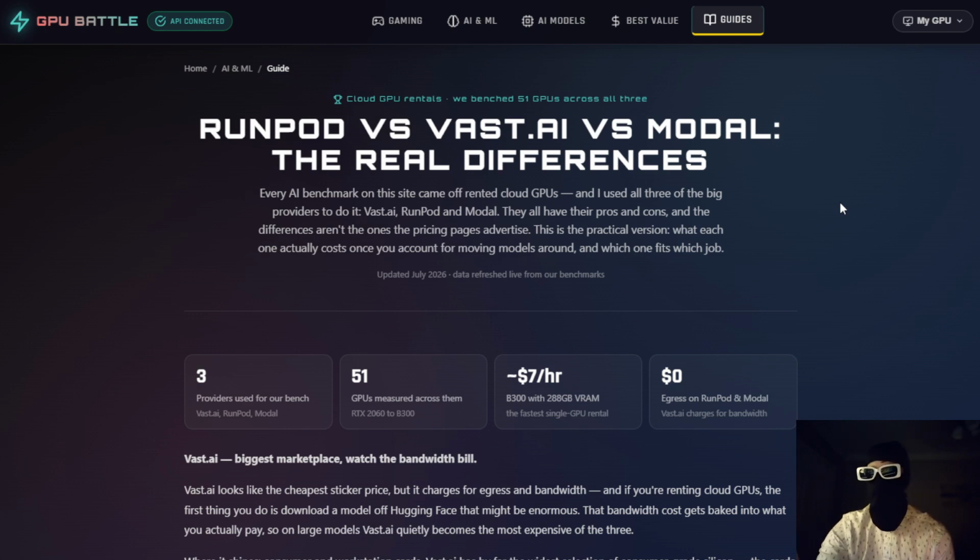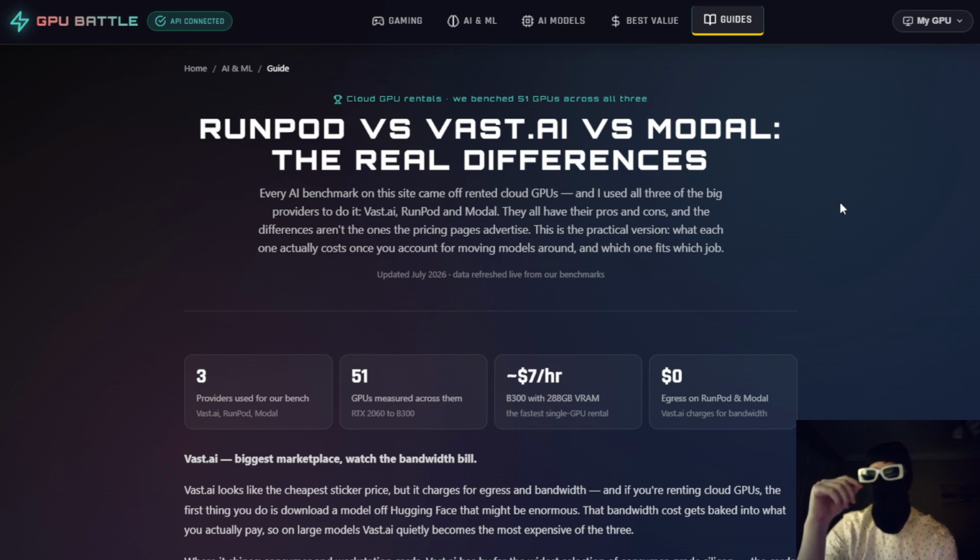Vast.ai is the cheapest, but also the most expensive, because the bandwidth bill of Vast.ai is the only one where the bandwidth that you consume, the pricing adjusts depending on the provider.